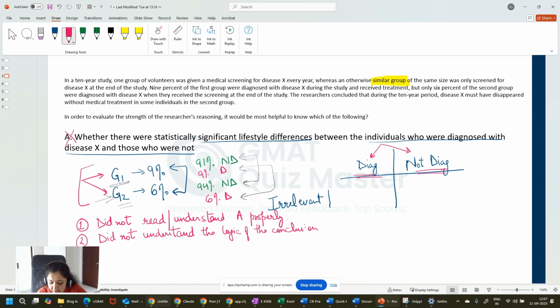The conclusion is trying to explain the difference that is there, this 9% and 6% difference. Because you did not understand the conclusion in the first place, you could not understand the impact of choice A on the conclusion, and that is why you selected it. You thought that this choice gives a difference between two types of people, so that might be the correct answer choice. So you were not clear with the conclusion, and that is why you selected this choice.